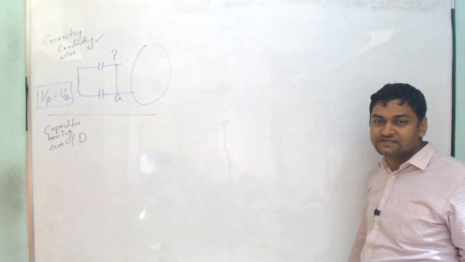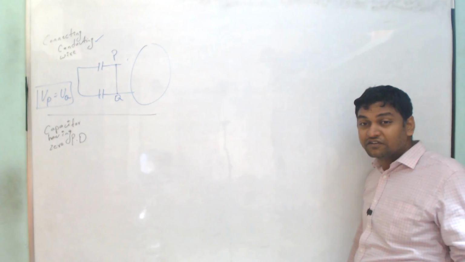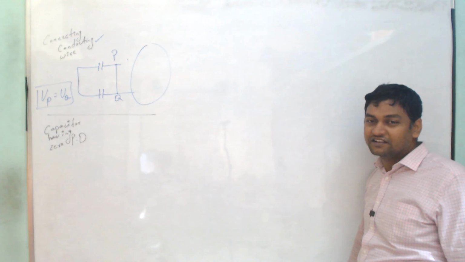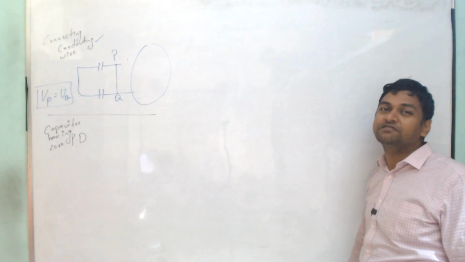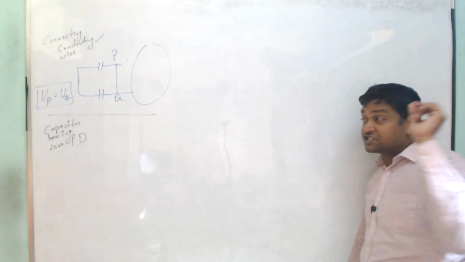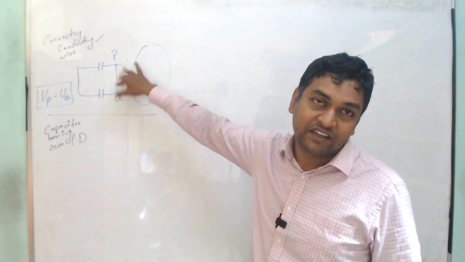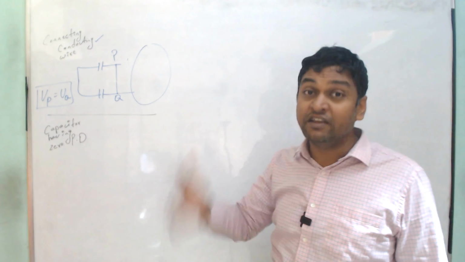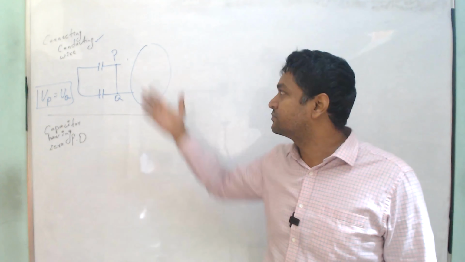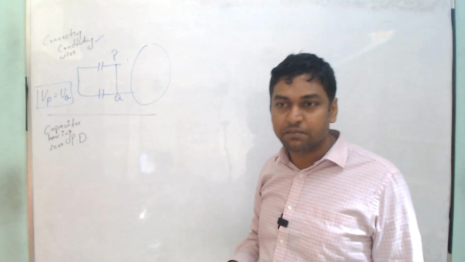Because there is potential difference. The charges will flow by attaching a conducting wire. But till when will the charges flow? Because it's a pure conductor that you're connecting, till the potentials become same.